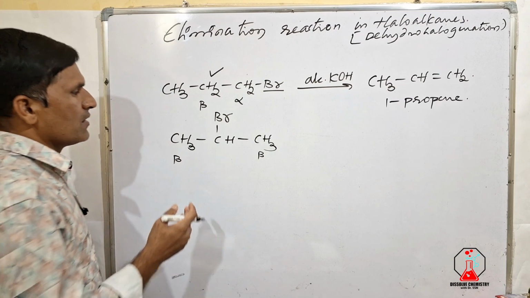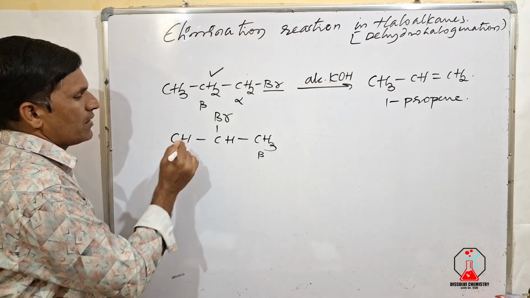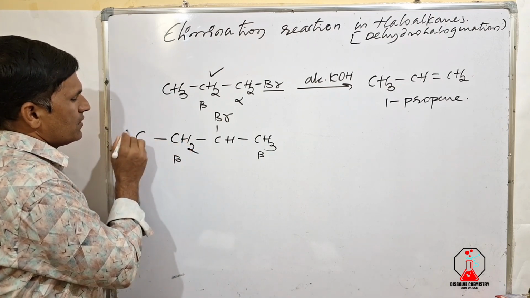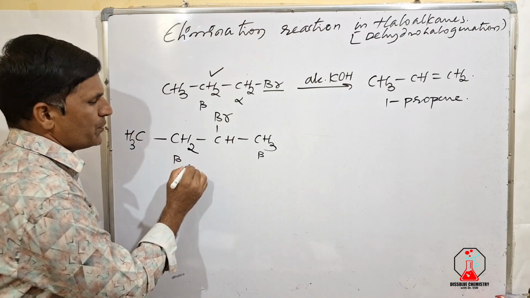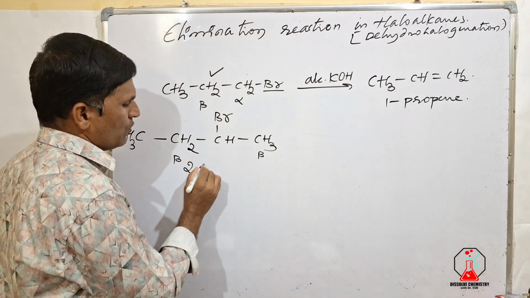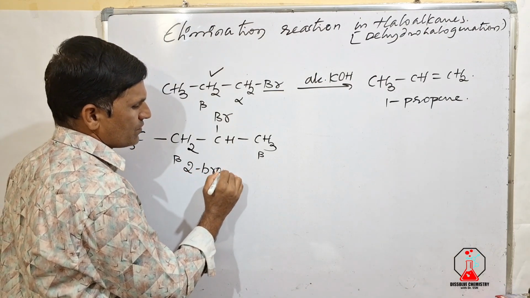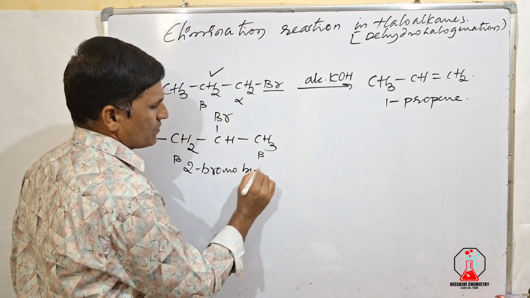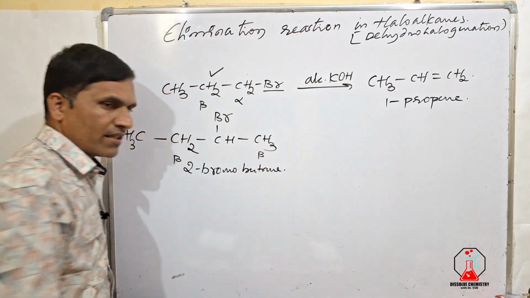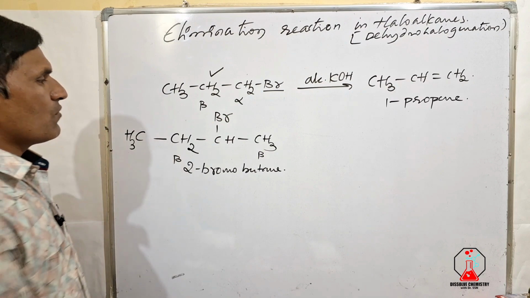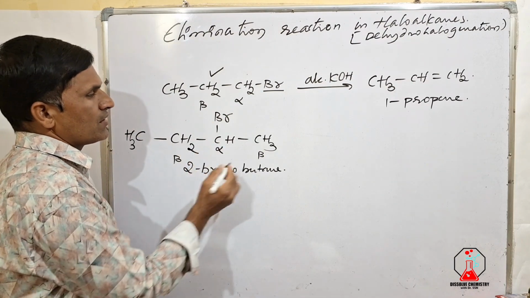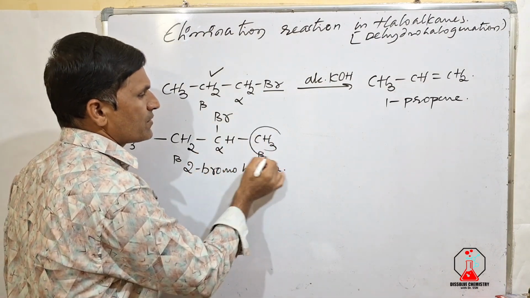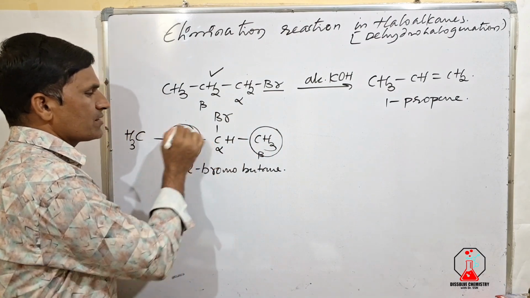Now say 2-bromobutane is the substrate. Then we have two different types of beta hydrogen atoms.